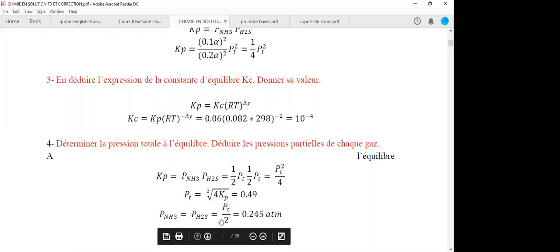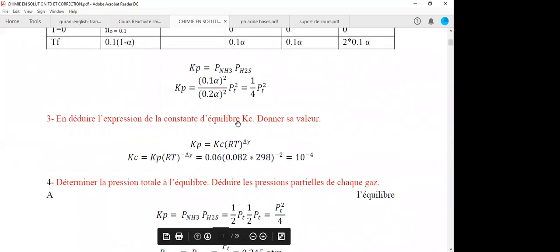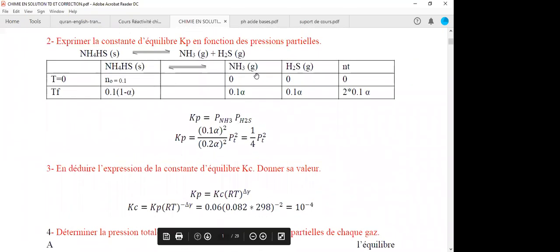And then now, if you want to find the partial pressure of each of these. So the partial pressure of NH3 is equal to the partial pressure of H2S, which is given by, if you remember, the number of moles 0.1 alpha divided by the number of moles 0.2 alpha times total pressure.